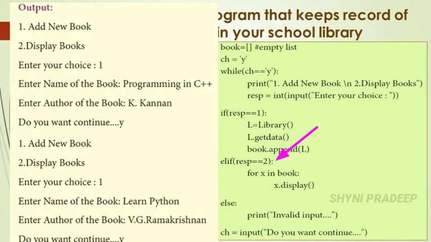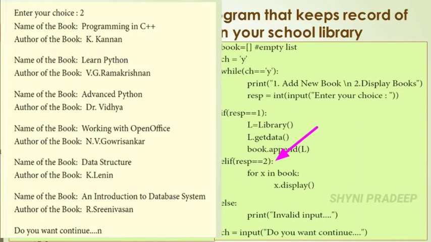And else if, another if condition is given, resp is equal to 2. If you are entering option 2, resp is equal to 2, which means if you want to display the existing books, you have to choose the second option.